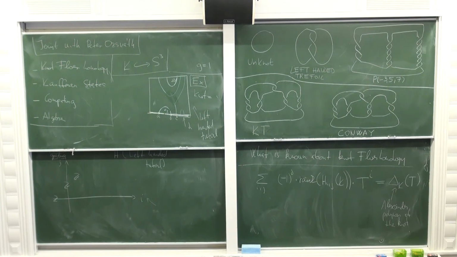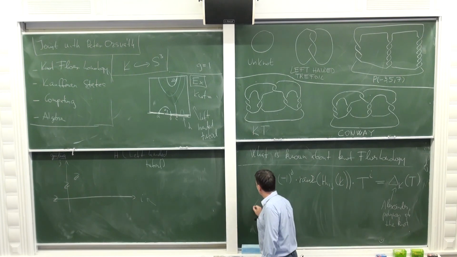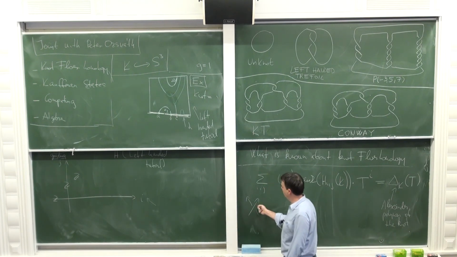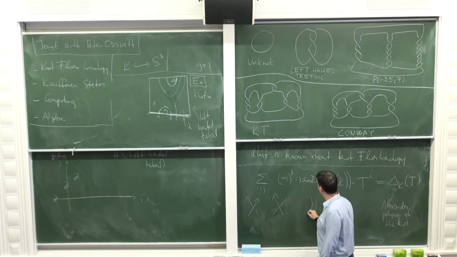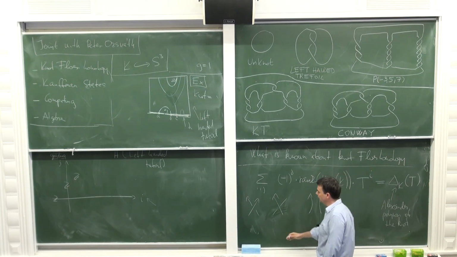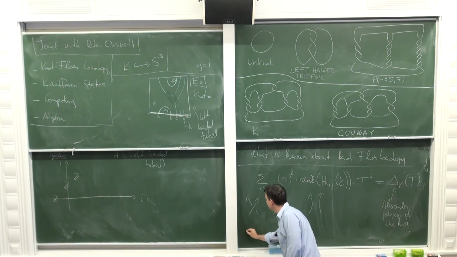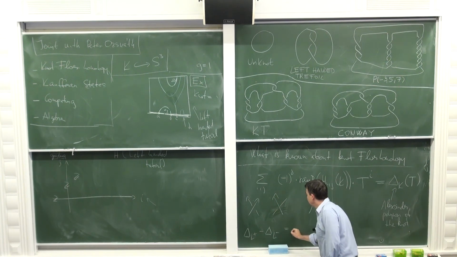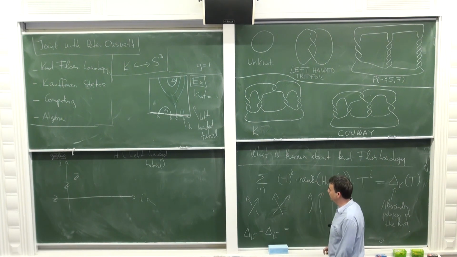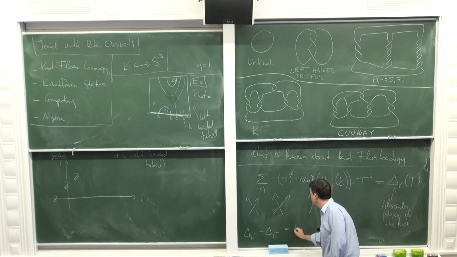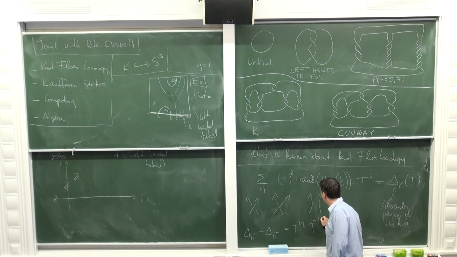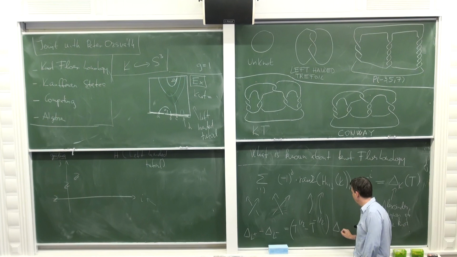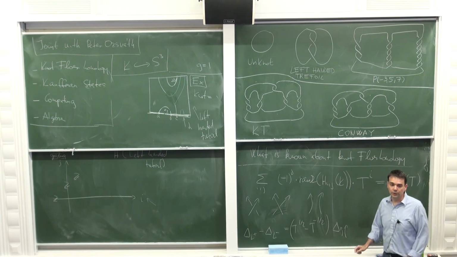For example, you can use skein relations. You can understand what happens when you locally change the crossing from a positive crossing to a negative crossing or resolve it. And then the statement is that the Alexander polynomial of the positive knot minus the Alexander polynomial of the negative knot, these are oriented knots or links, is always equal to t^(1/2) minus t^(-1/2) times the Alexander polynomial of this resolution.